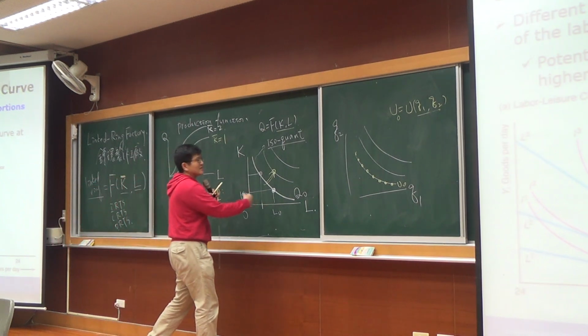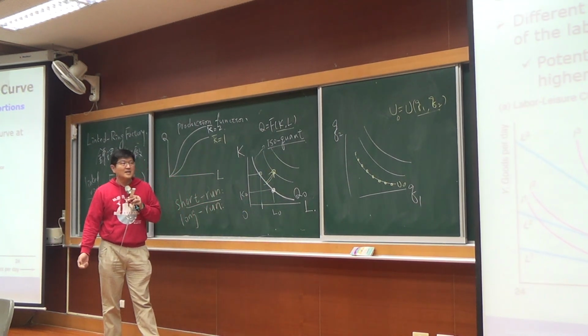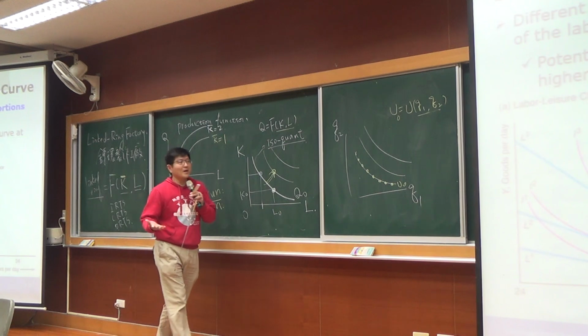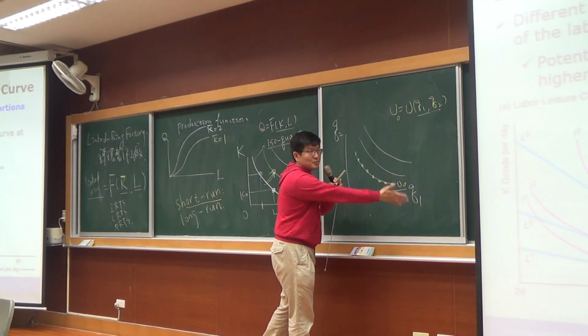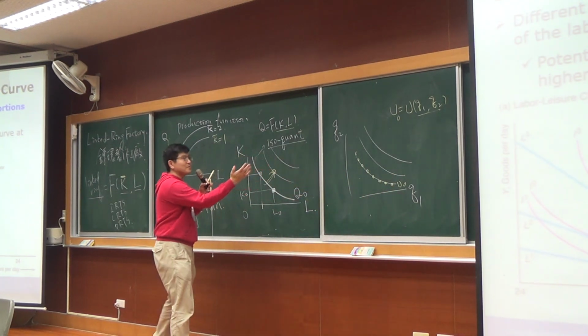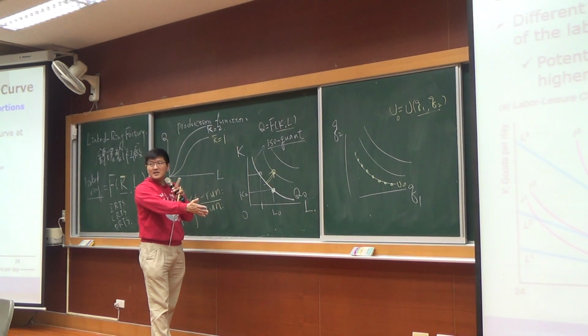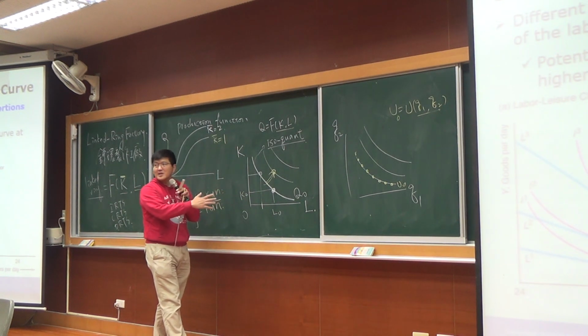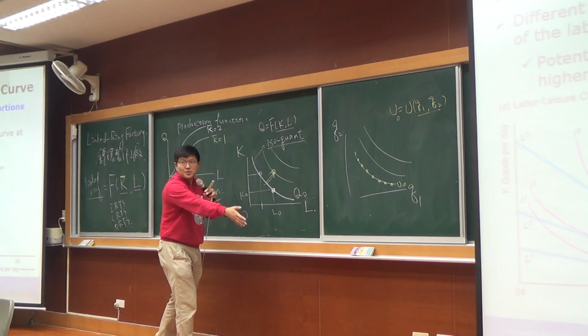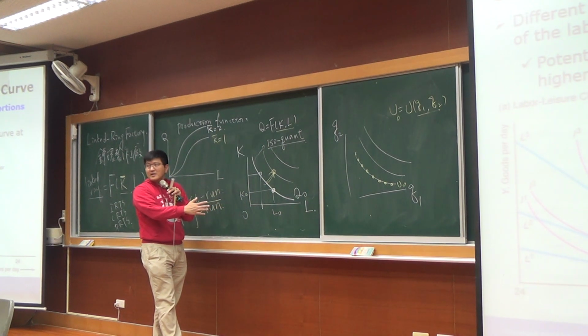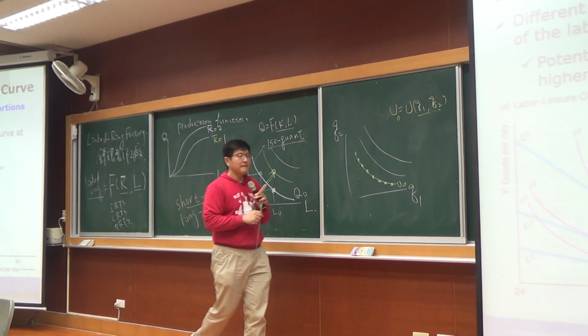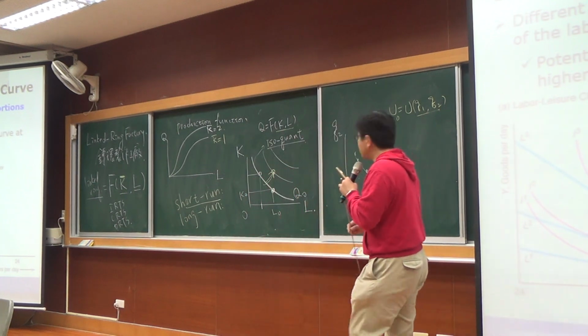So we call this isoquants. We just switch the model from utility to production, from utility function to production function. Okay? Any question here?